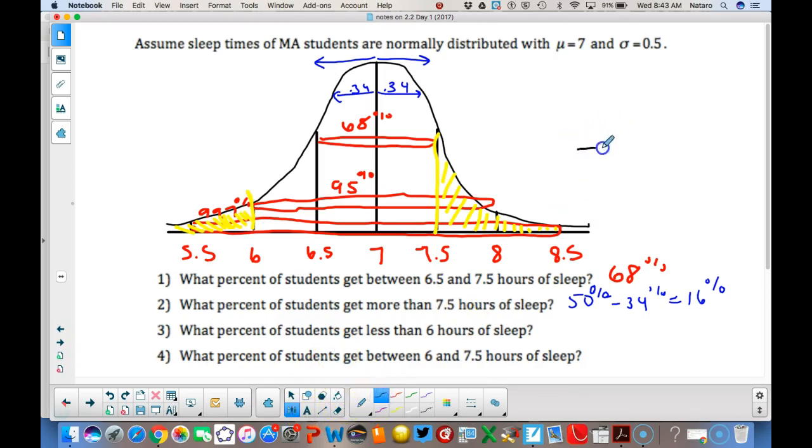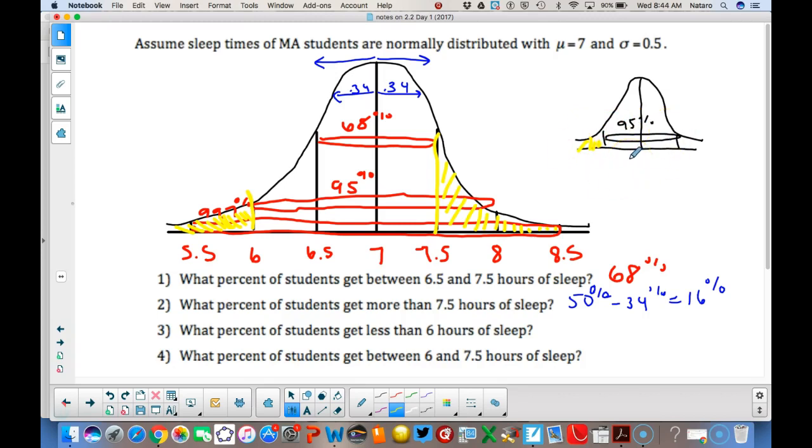Well, let's think about this for a moment. We know that 95% of a distribution is within 2 standard deviations. And right now we're being asked, what is the area to the left of this 2 standard deviation mark? 2 standard deviations to the left of the mean. If you think about it, the entire distribution is 100%.